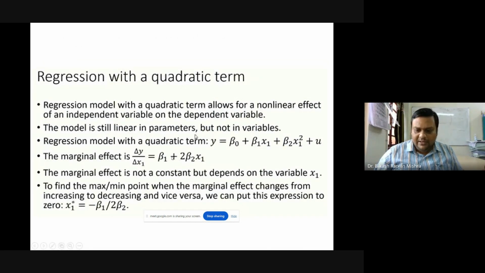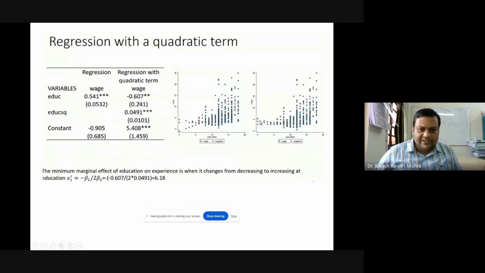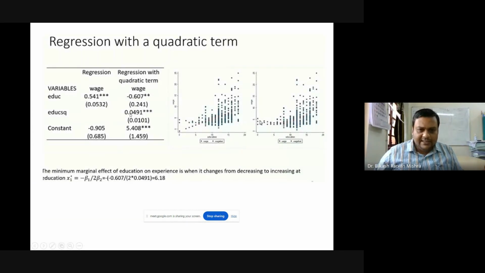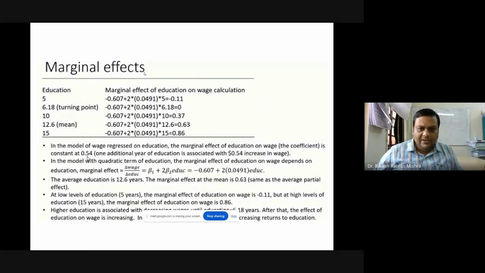So the beta 1 value will be obtained from this, minus 0.067. The beta 2 value will be obtained from this, it is like 0.0491. And when you multiply with the 2, then we have to multiply some number for that. And those numbers will be the education value or the mean value of the education.